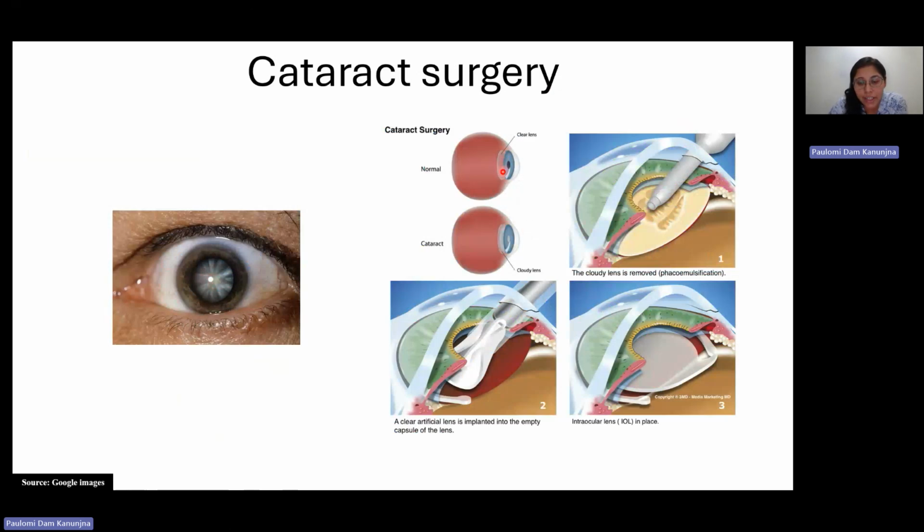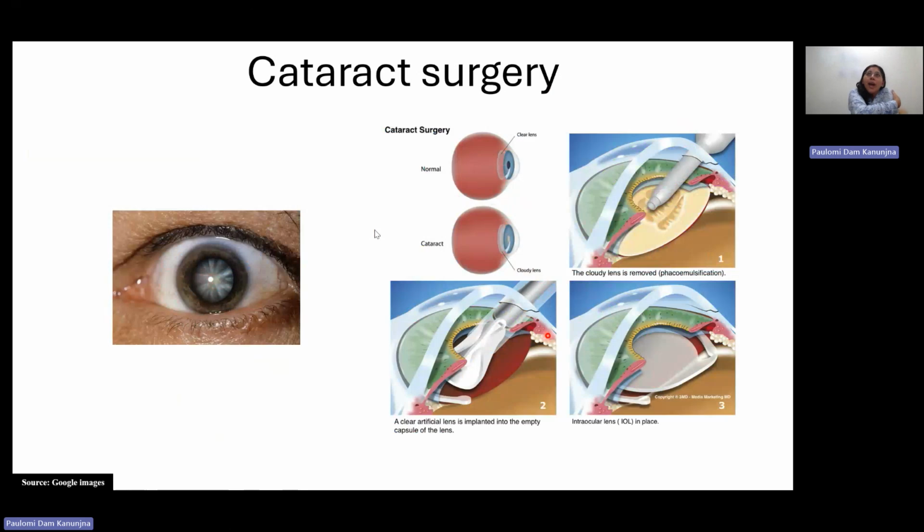So this is the lens, right? Your lens is supposed to be clear. What I told you for the lens is that it has to be transparent so that light can pass easily, right? If it becomes cloudy, it can cause problems. That condition is called cataract, and removing it is called cataract surgery, in very simple terms.